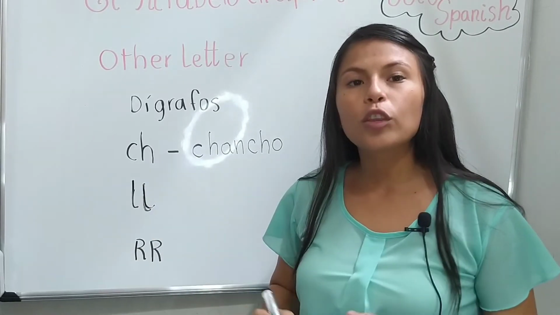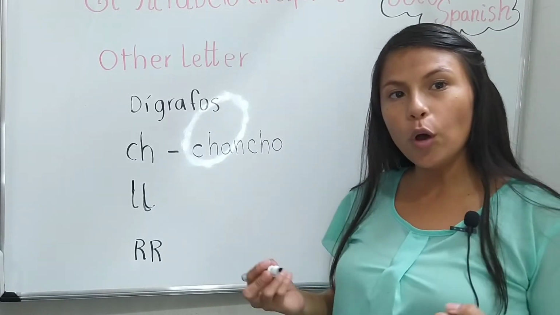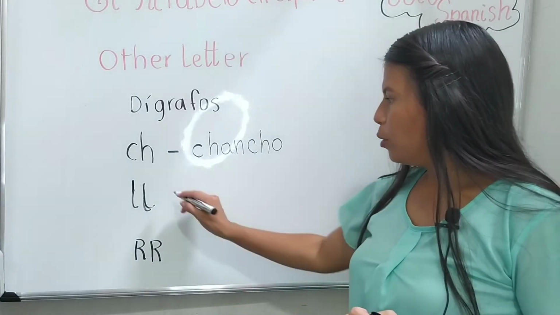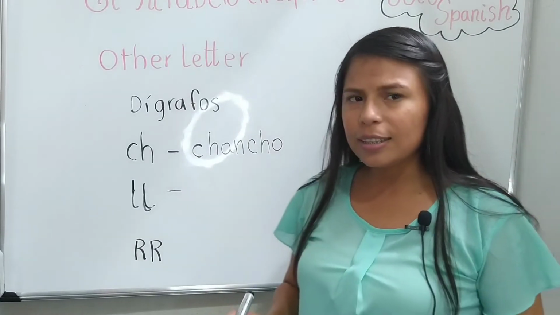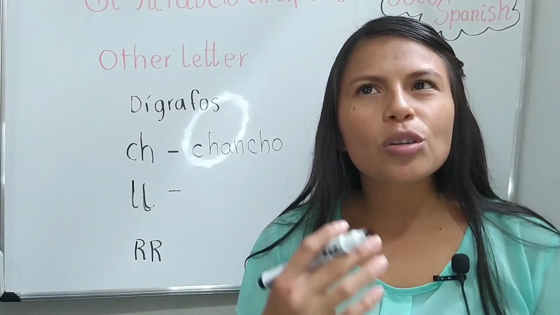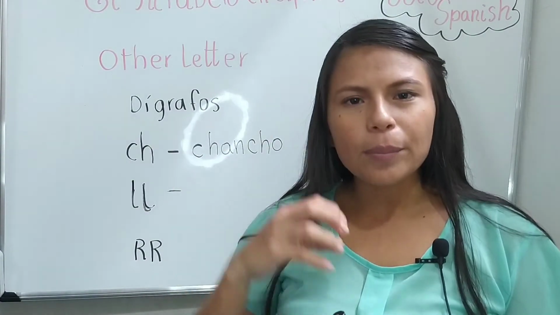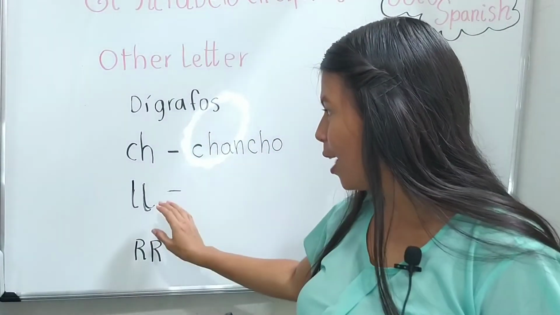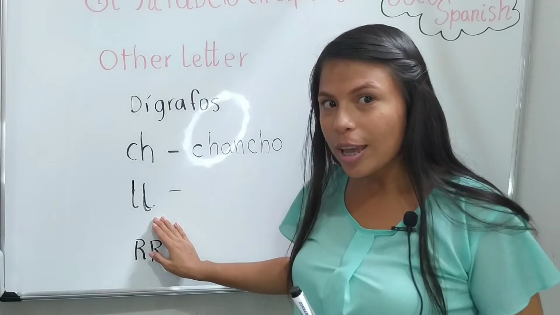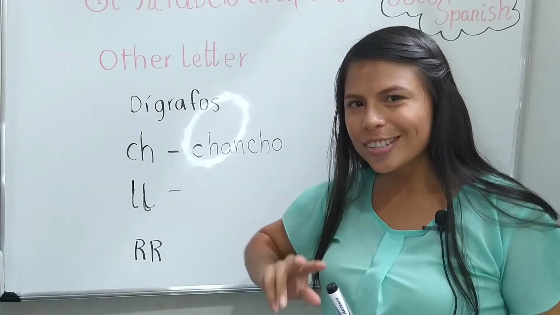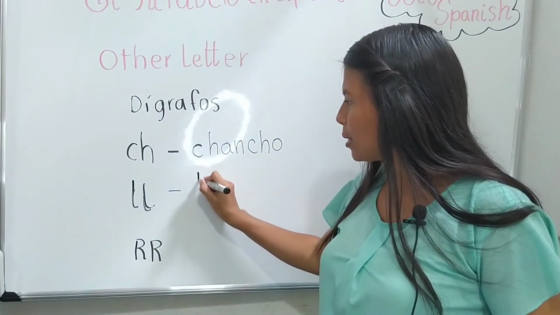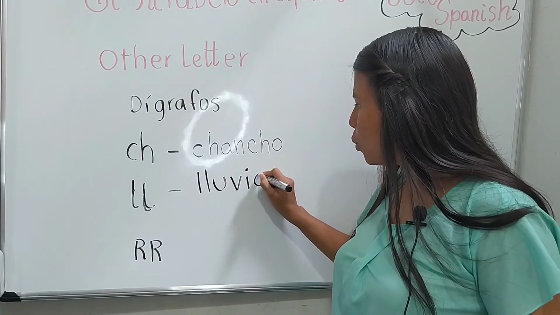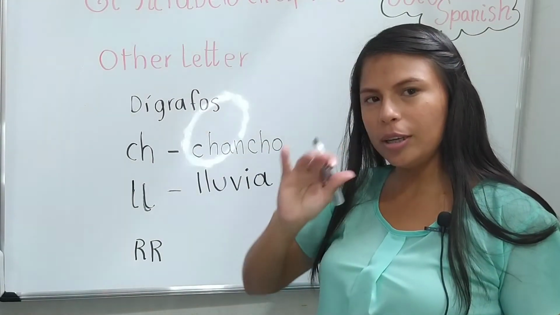And then we have this, the double L. You can say double L. The sound is like when the rain comes. So that is the sound of this letter, double L. For example, lluvia. This is rain. Lluvia.